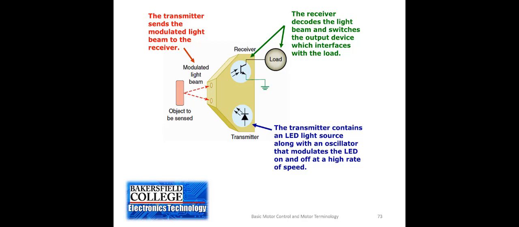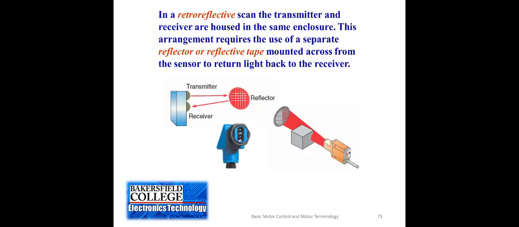A majority of these use the receiver and the transmitter in the same package. So light comes out of the transmitter hole, and light enters in the receiver hole. The light is not a solid beam, but rather a series of pulses. One type of system is called retroreflective scanning.